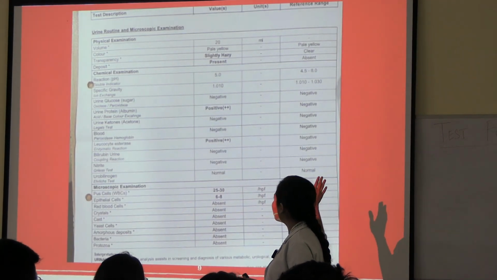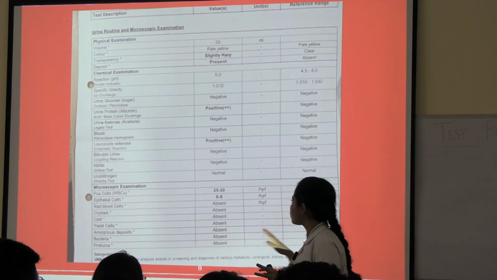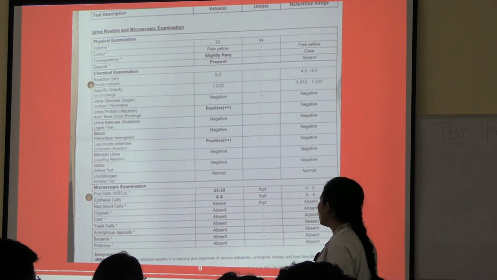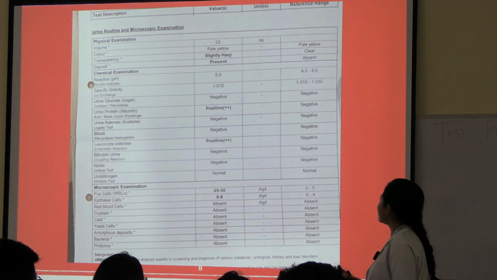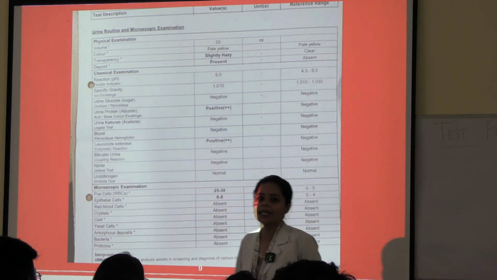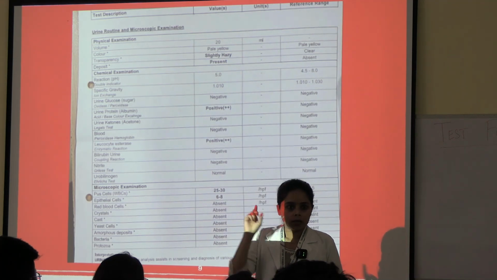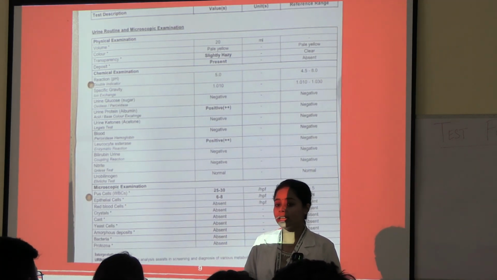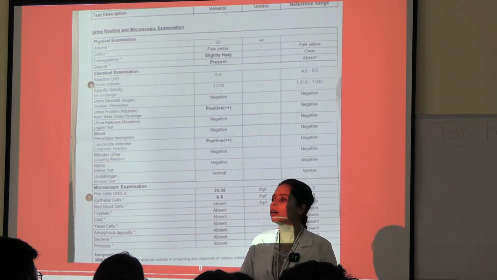Normal pH is 4.5 to 8, that's normal. Specific gravity is 1.010 and normal is 1.010 to 1.030. Now tell me, this is normal specific gravity according to the report, but what is the condition?